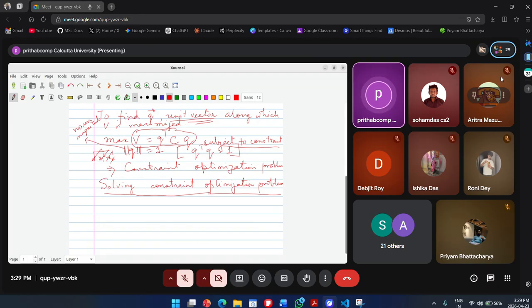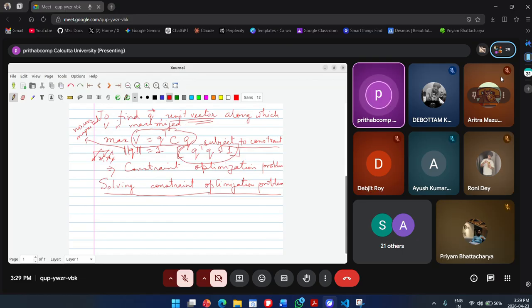In fact, before doing the differentiation, somehow we have to add this constraint to the objective function of maximization of V. Are you there with me? I haven't asked for a long time. Yes, ma'am. Okay. So I have to bring that constraint into the objective function.